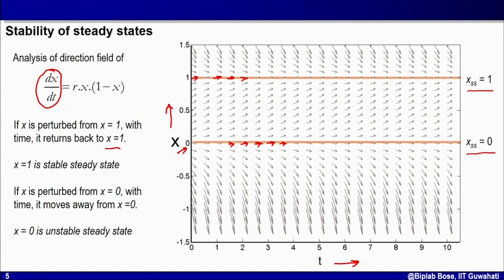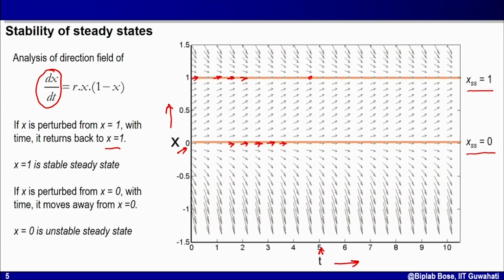Now let us try to understand the concept of stability. Suppose I am at time point 5 and I am at steady state of x equal to 1. So the system is at steady state.